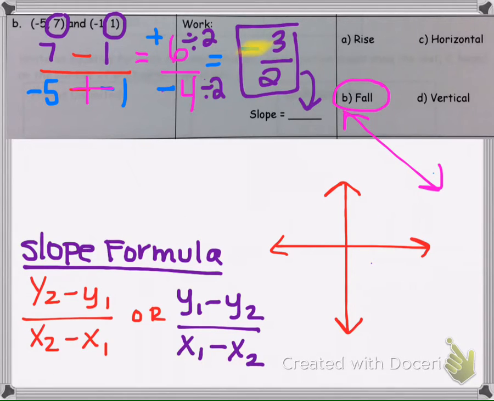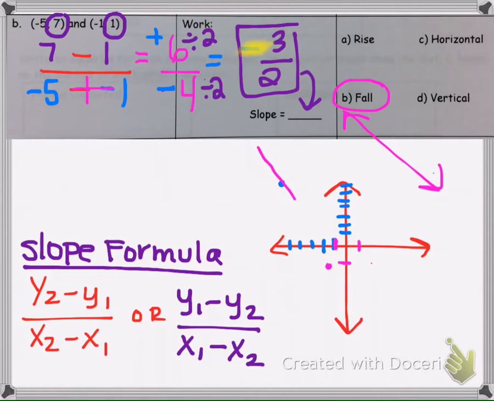Now keep in mind that it's really easy and fast if you want to draw a quick sketch. If I were to graph this problem, I would go over to negative 5 and up to 7, like right there. And then I graph negative 1, 1.